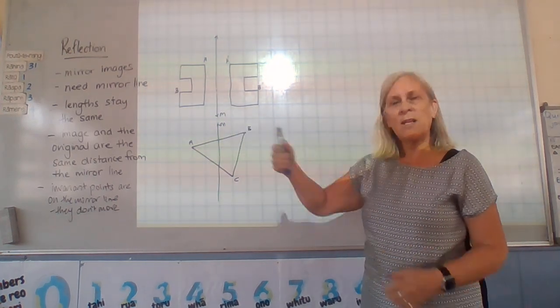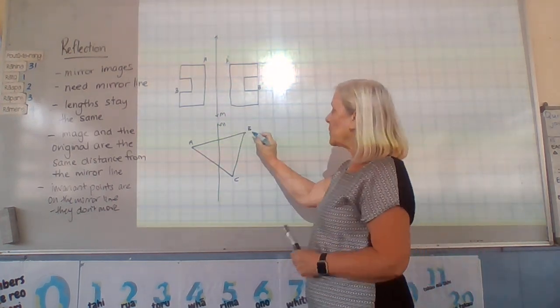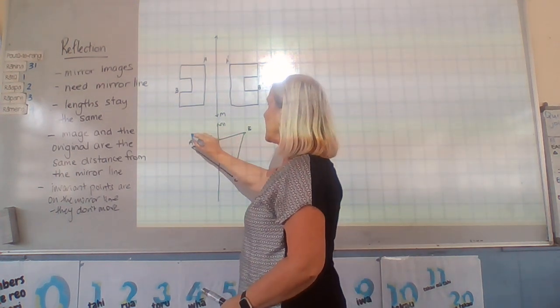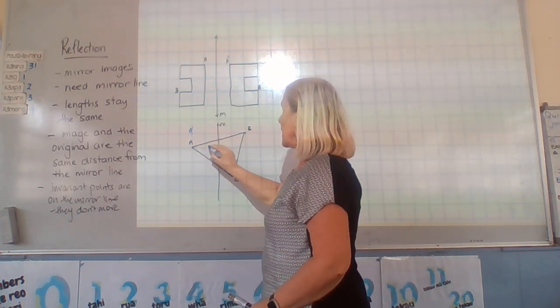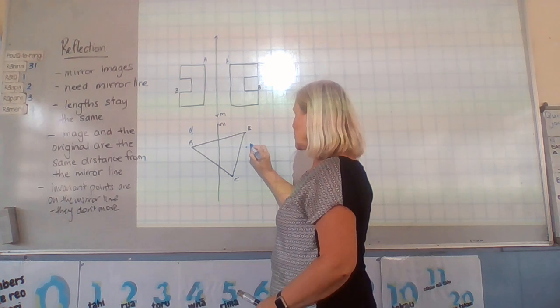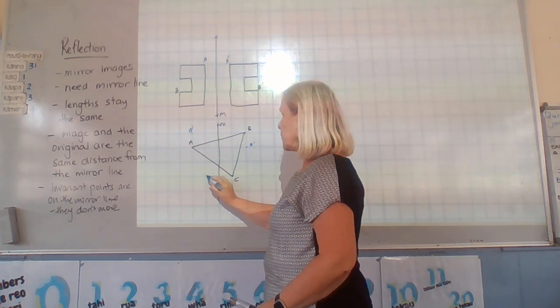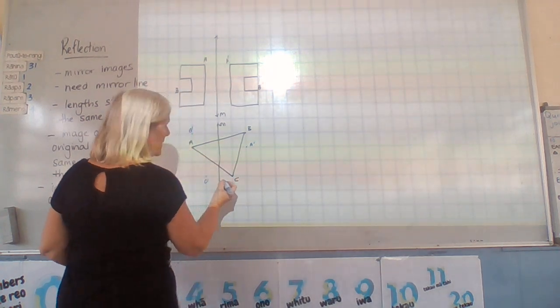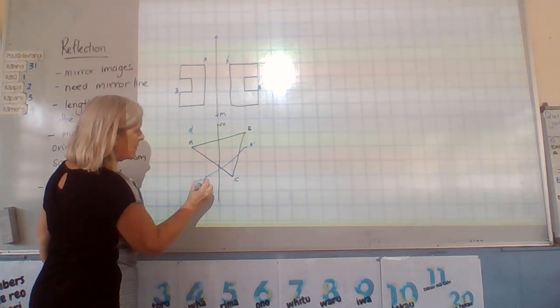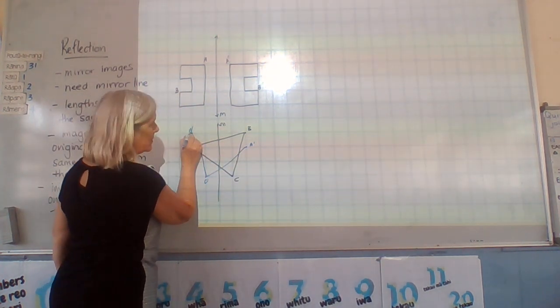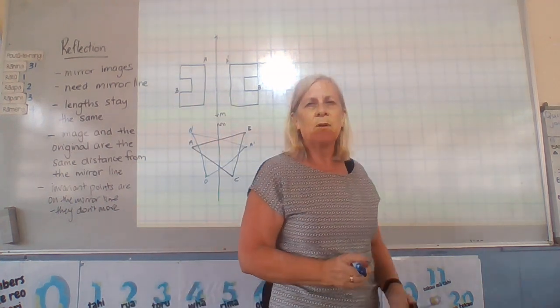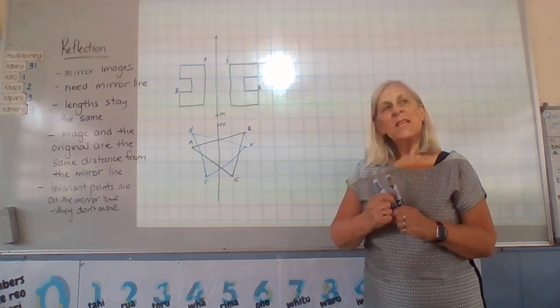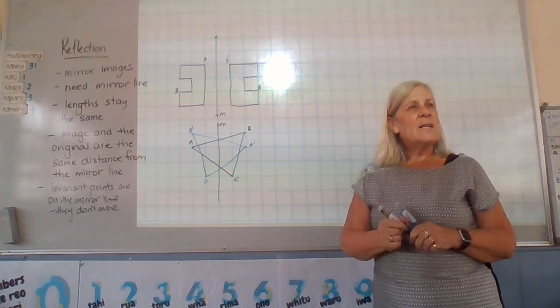It's got to go straight through the mirror line and be 2 squares away. 1, 2, 1, 2, B dash. 1, 2, 1, 2, A dash. And 1, C dash. And then join them up with a ruler. So I've got that picture.